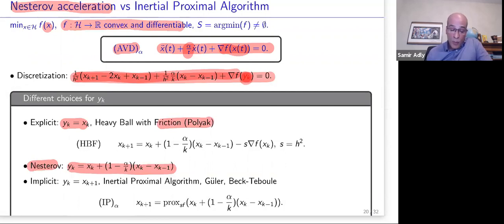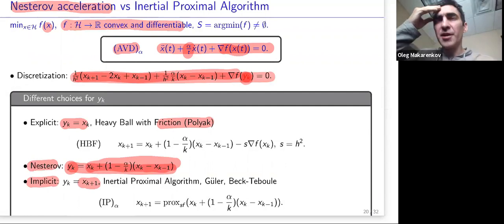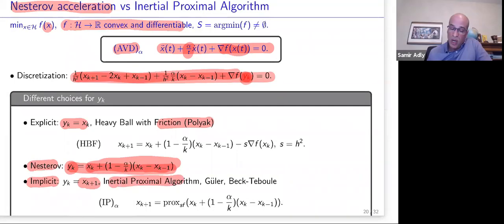But if you put this y_k in this way here, this is what we call the Nesterov. But if we put y_k exactly equal to x_{k+1}, then we get the inertial proximal algorithm that we have here.